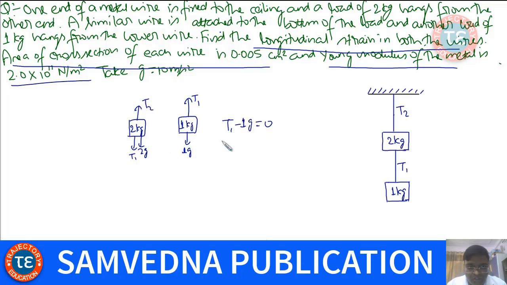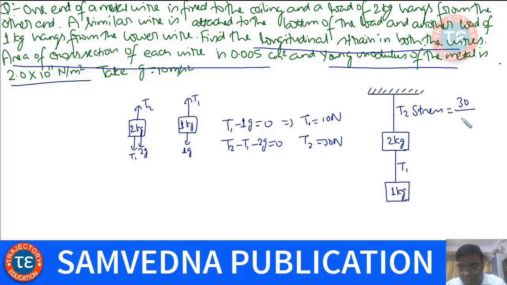There is no acceleration, so T1 minus 1g is 0, and T2 minus T1 minus 2g is 0. So T1 is 10 Newton and T2 is 30 Newton.